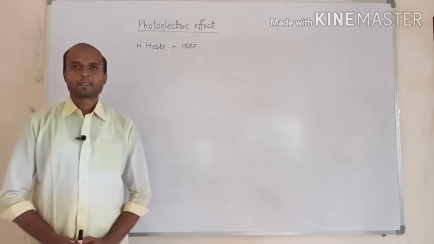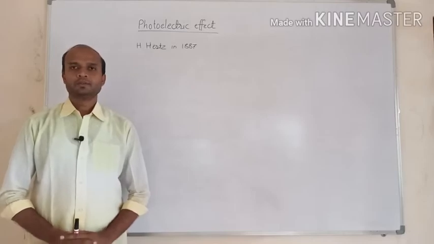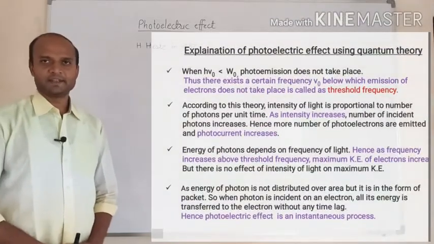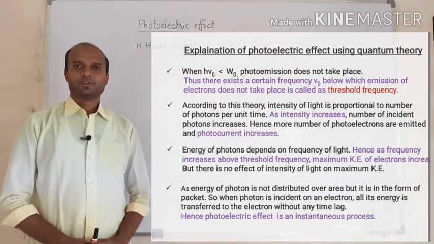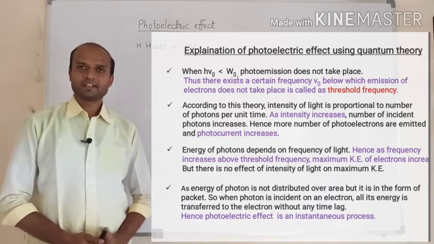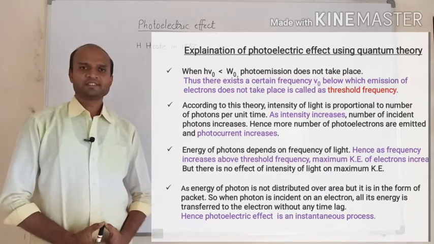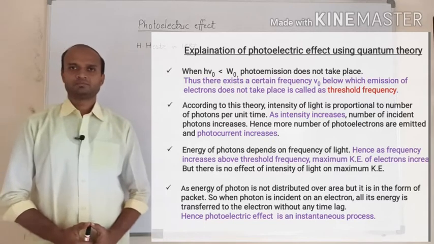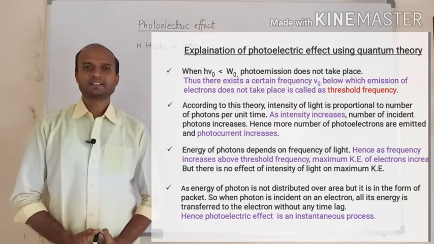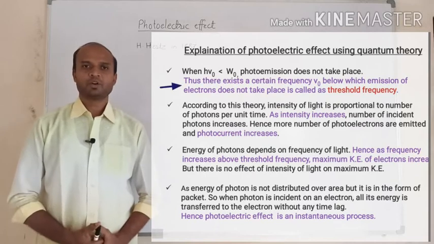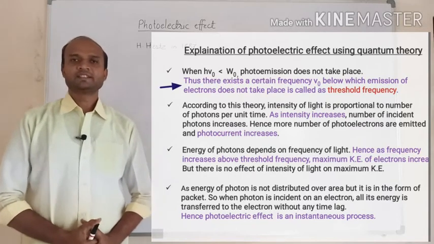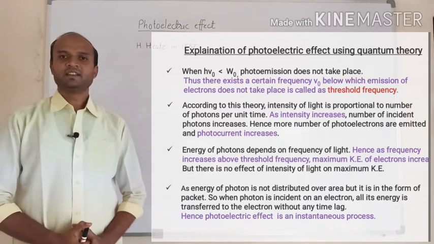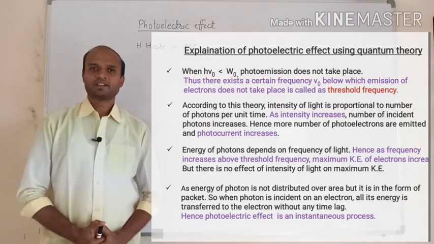Now we have to see how the photoelectric effect can be successfully explained by using quantum theory. From Einstein's photoelectric equation, what we observe is that when h nu is less than W0, that is, the energy of the incident photon is less than the work function of the metal, then photoemission does not take place.